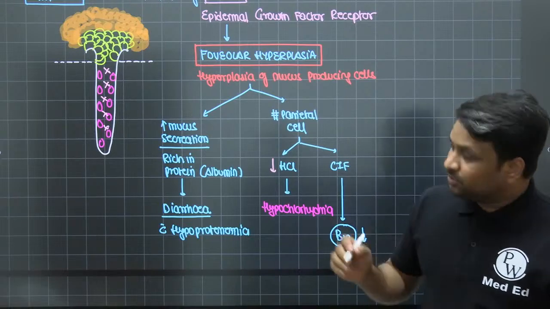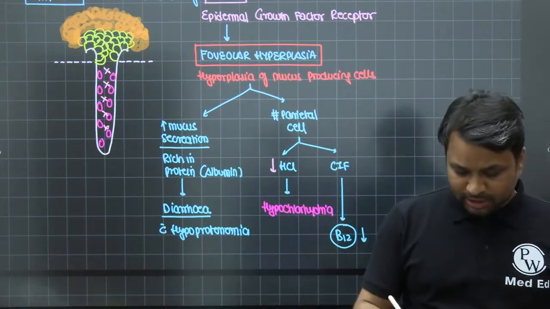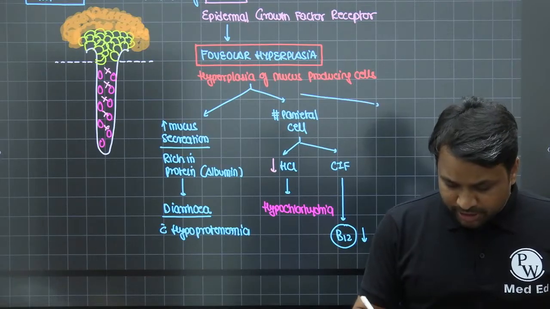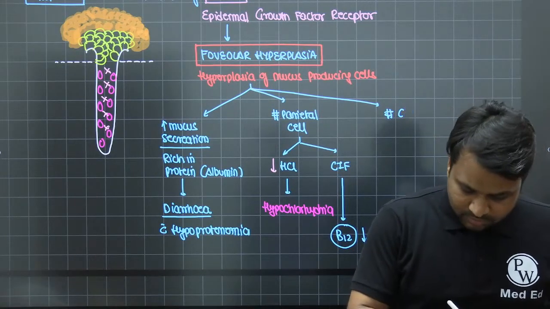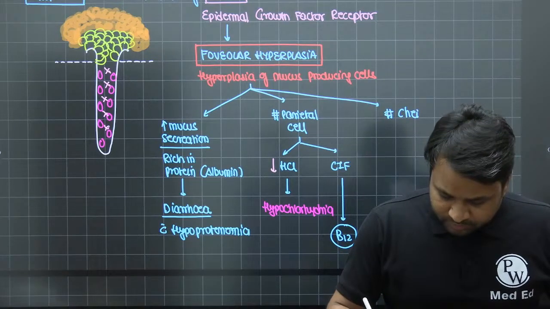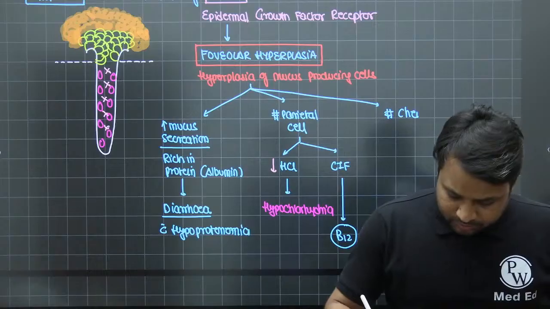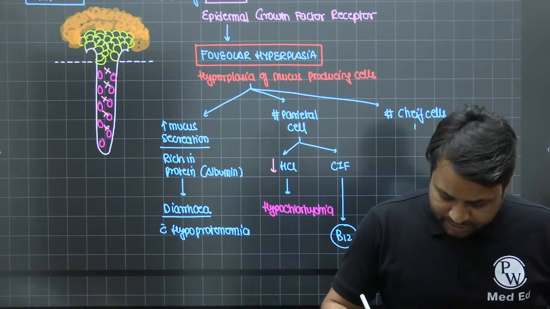Right. So as the mucus secretion is increasing, there is going to be damage. I mean, there is going to be blockage in the parietal cells. There will also be blockage in the chief cells, right? The chief cells which are present will also not be able to have their secretion. So there will be deficiency of pepsin.